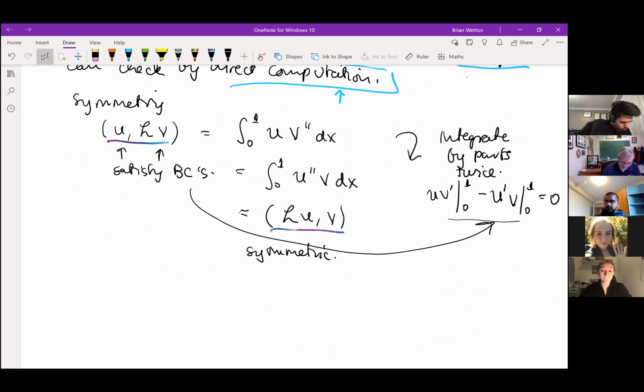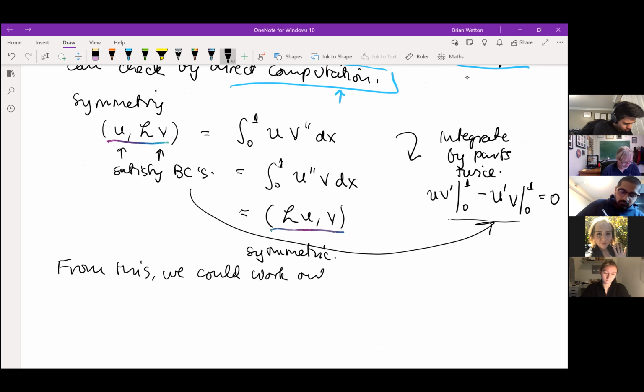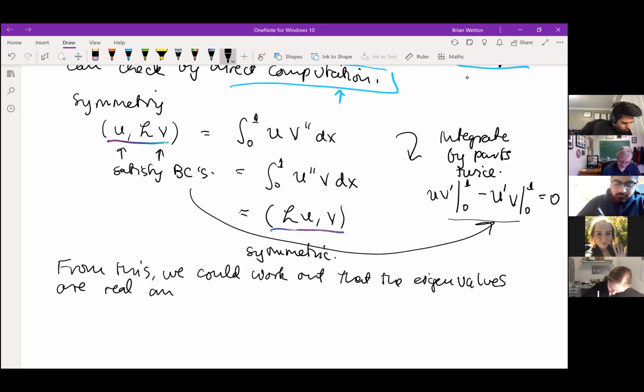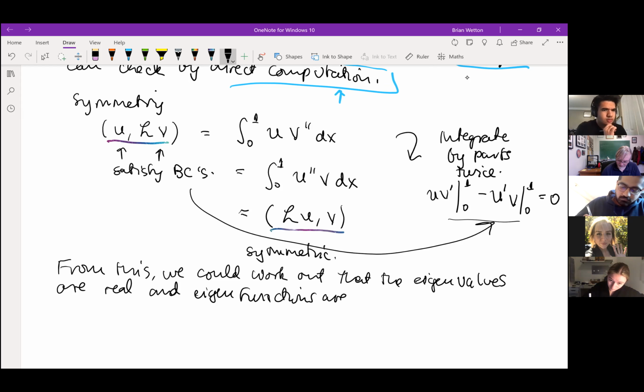Okay, and then from this, we could work out that the eigenvalues are real, and the eigenfunctions are orthogonal.